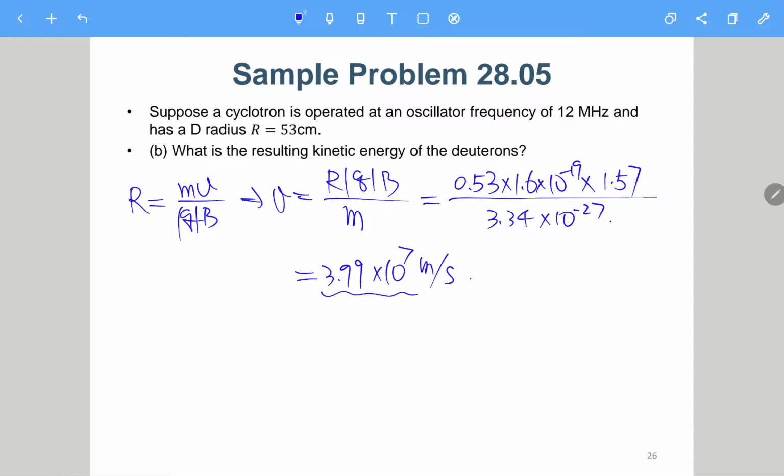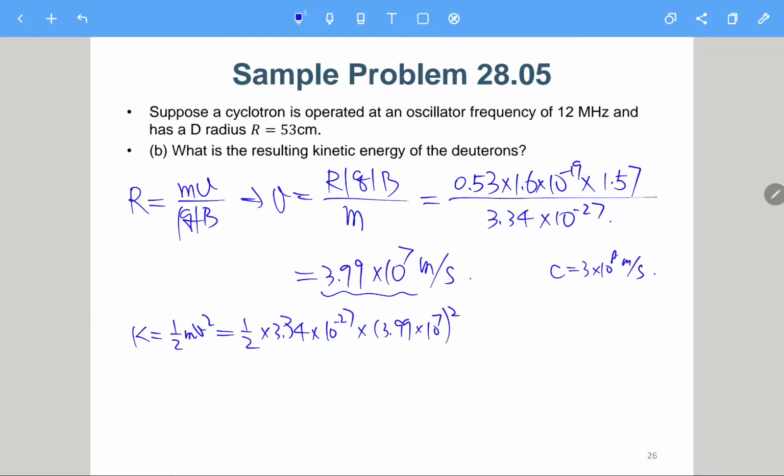If you can remember, the speed of light is 3 times 10 to the 8th meters per second. So it is more than 1/10 of the speed of light. And in that case, K equals 1/2 m v squared, which should be 1/2 times 3.34 times 10 to the minus 27, times 3.99 times 10 to the 7th power squared.